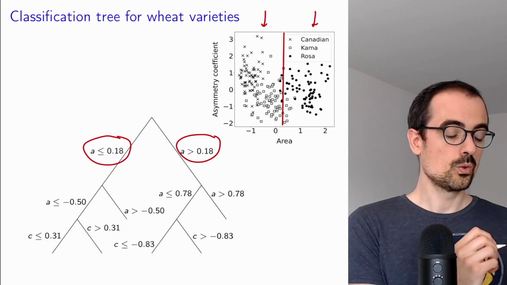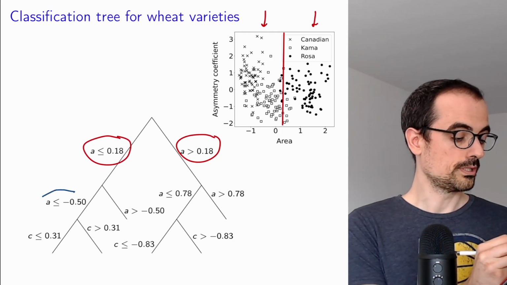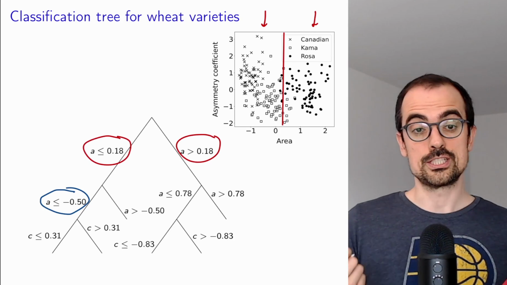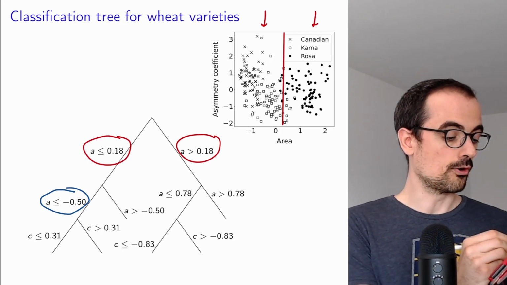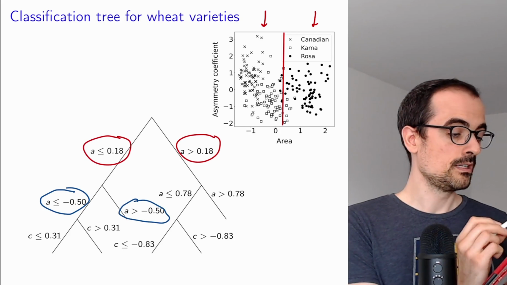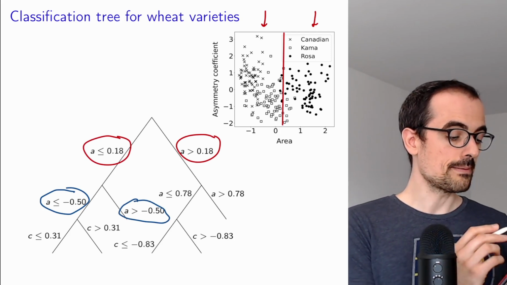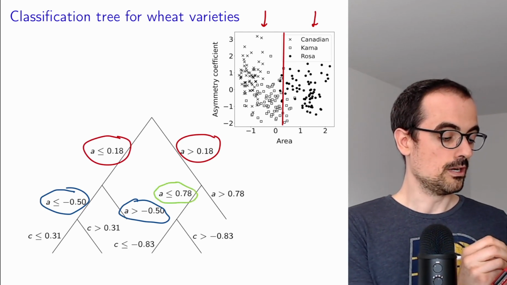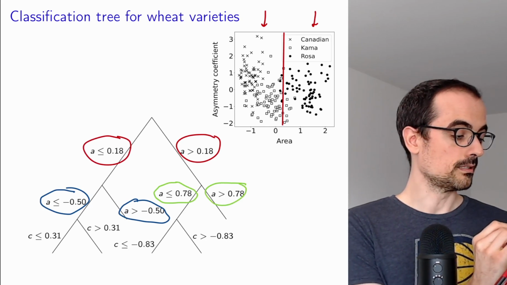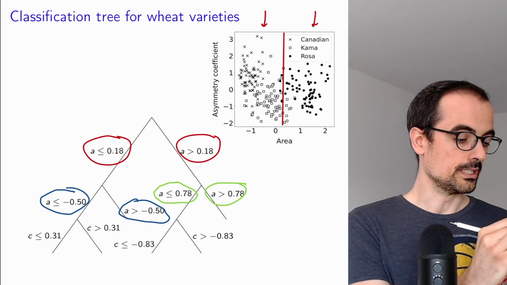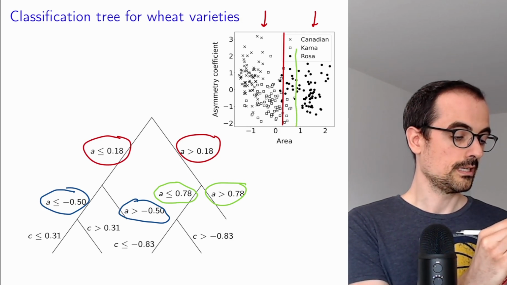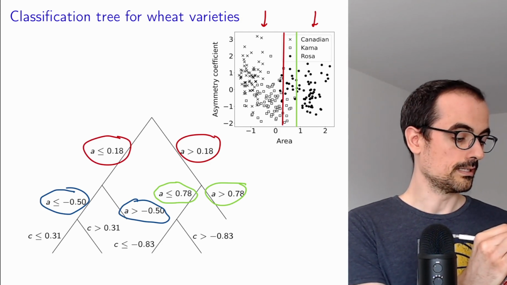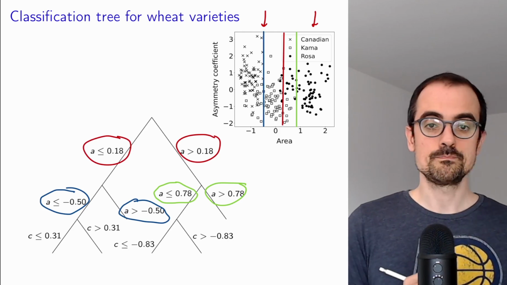Now we're going to separate the left region according to whether the feature A is below or above minus 0.5, and we're going to separate the right region according to whether the feature A is below or above 0.78, which is roughly here, and for the left split, it's more or less here, okay?